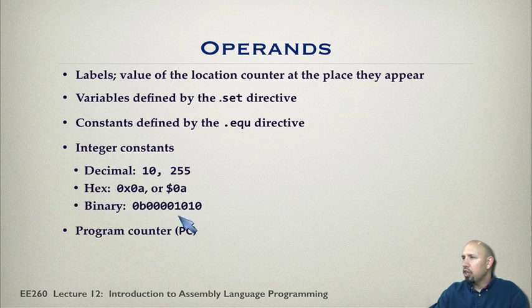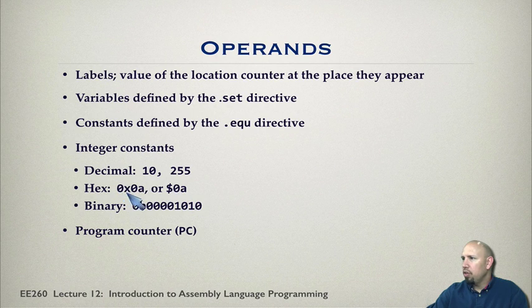You can put in integer constants, so you can put in decimal values or hex values or binary values. You can insert any of those for operands. The simplest case is actually to use data to go into an operand. You can almost always use constants to go into an operand. So that constant can be a register, or that constant can be data.